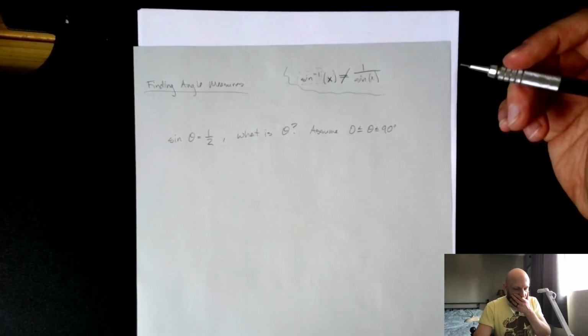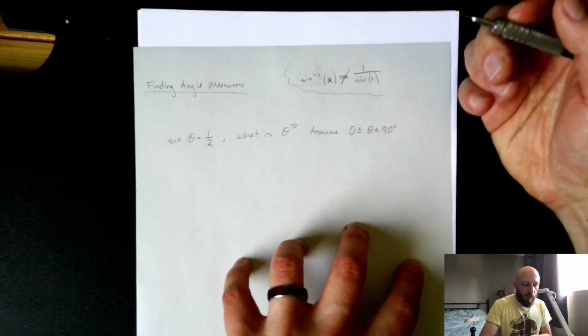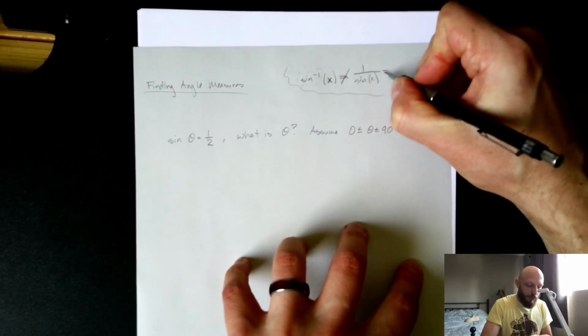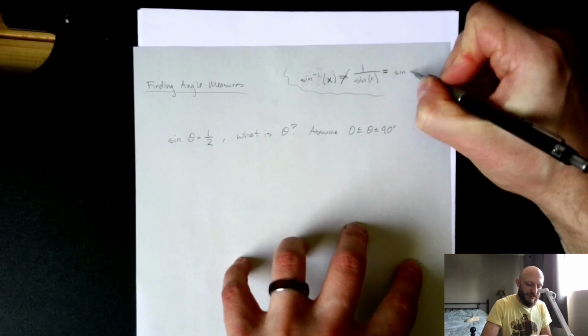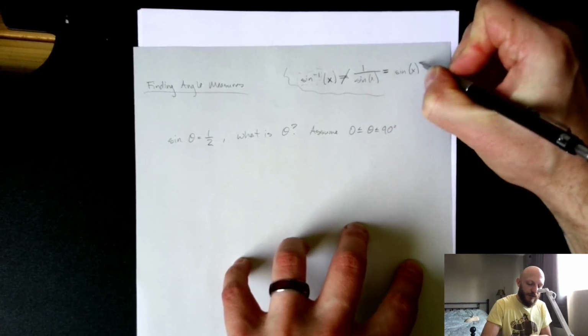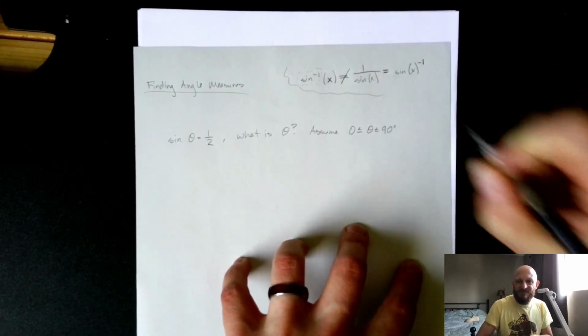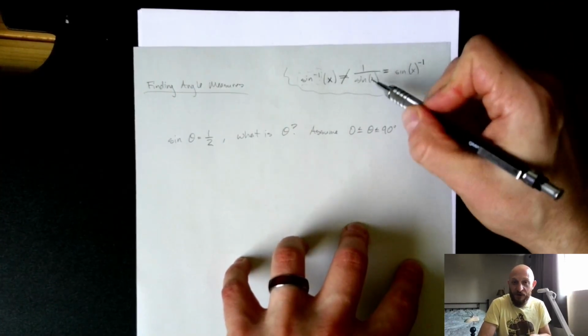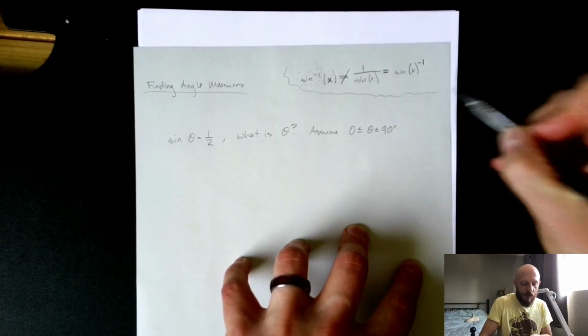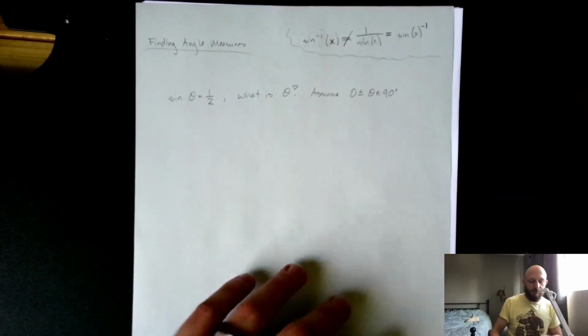If you did want to write this notationally with the exponent, it would be something like this, which looks weird, and this is why nobody ever writes it: sine x to the negative 1. This is 1 over sine of x, or 1 over the cosecant. So just be aware of that on your calculator.